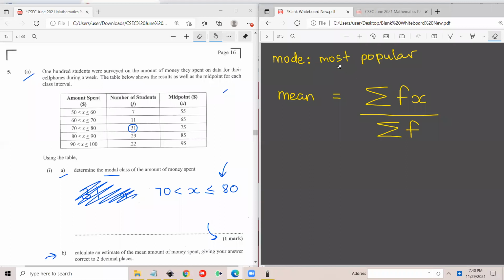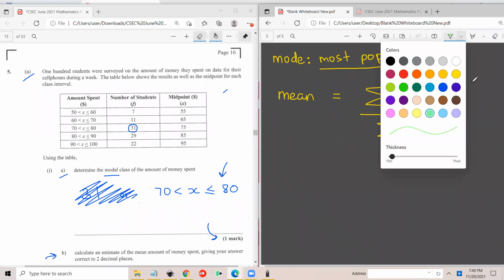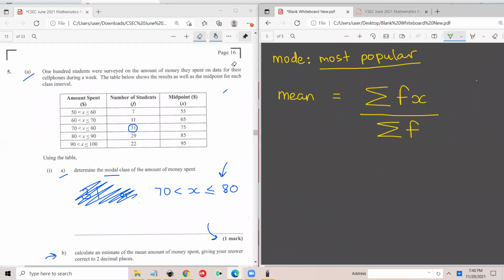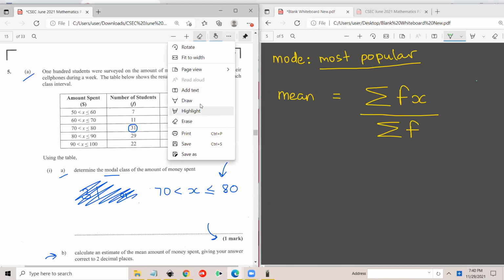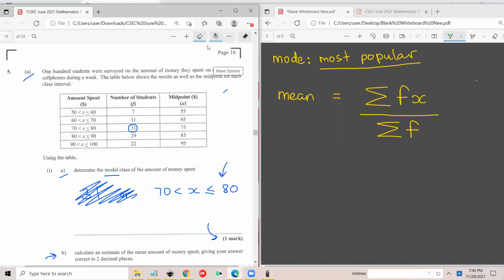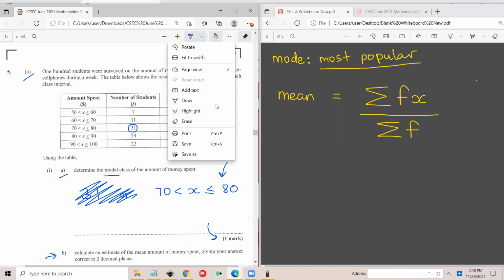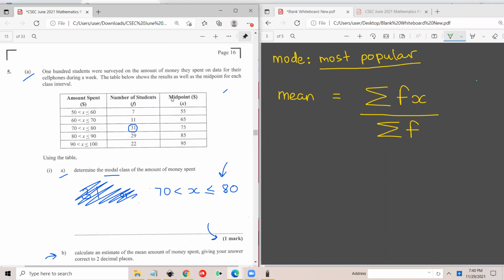Alana, mode just means most popular. Look, I have it over here. Mode just means most popular. Okay, let's clarify something.